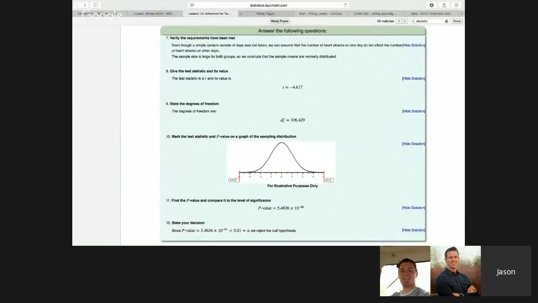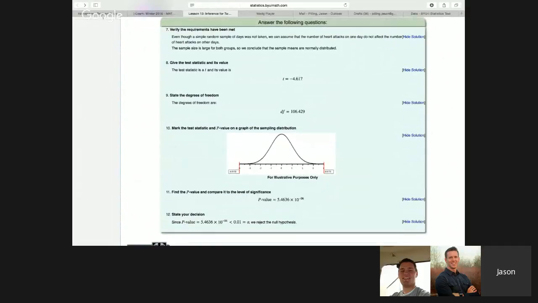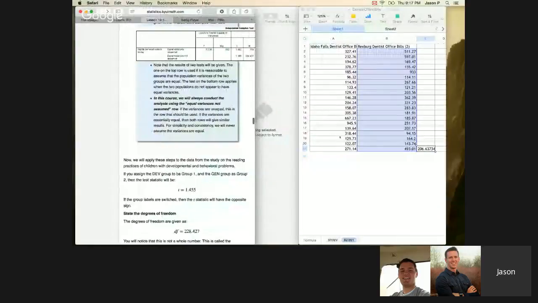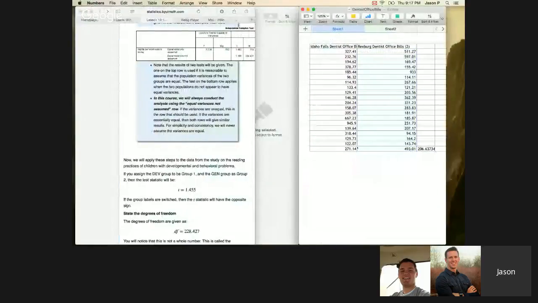So Jason, if you could just go back to the data. And you can do it in the column above or something like that. Or the cell above, yeah, that one right there. And then it's going to be equal to parentheses. Oh, you know what? We have to find the mean real quick.